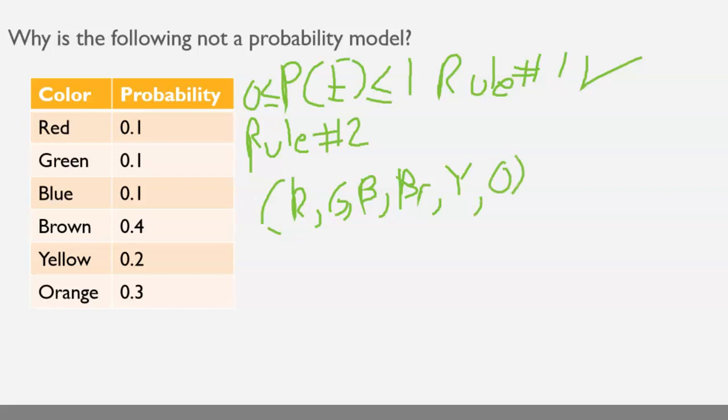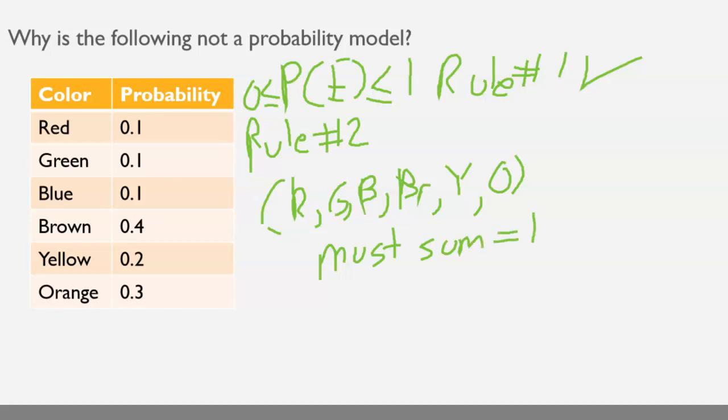So our sample set is the different colors, red, green, blue, brown, yellow, and orange. Rule number 2 says within your sample set, all their probabilities must sum to equal 1.